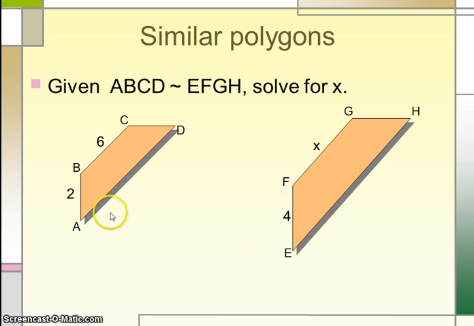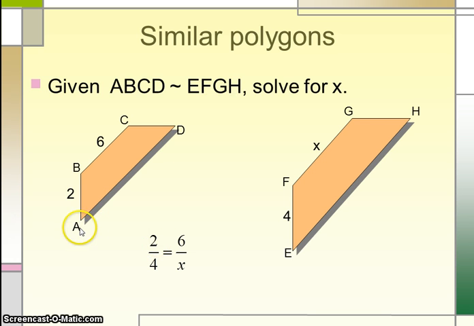We can see that line BA we do have a measurement for. It's 2. We have FE, which is 4. Over here we have 6 for BC, and we have an unknown variable for line FG. So how do we express that? Just as we did in the previous one, except we plug in the numbers in place of the line segment indicators.